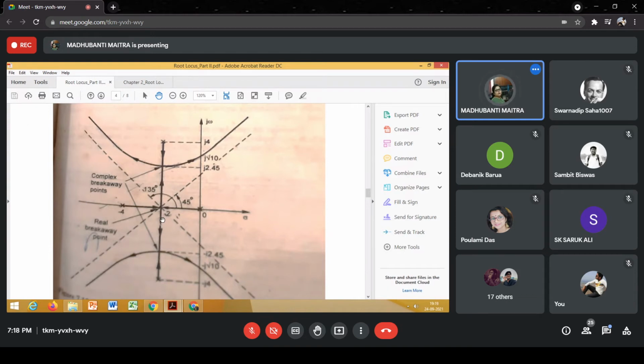Am I clear? Yes, ma'am. So in this case, you see the value of r is equal to 2. Two root branches are approaching each other. Hence, the breakaway direction will be plus minus 90.